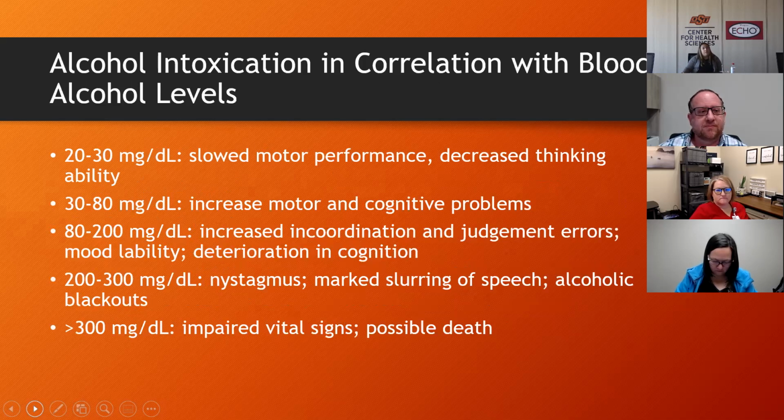I thought we were talking about that next week, but we're talking about this week. I apologize. Alcohol intoxication. Here's a list of alcohol intoxication as it correlates with blood alcohol levels in individuals who are not consistent active drinkers.